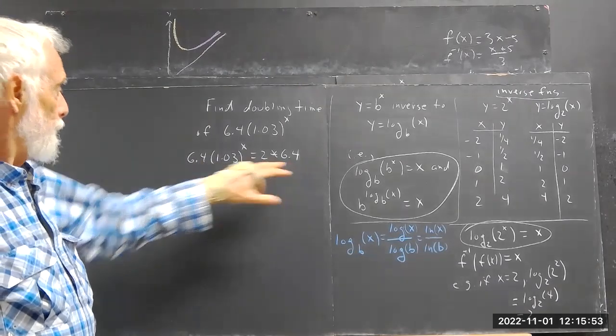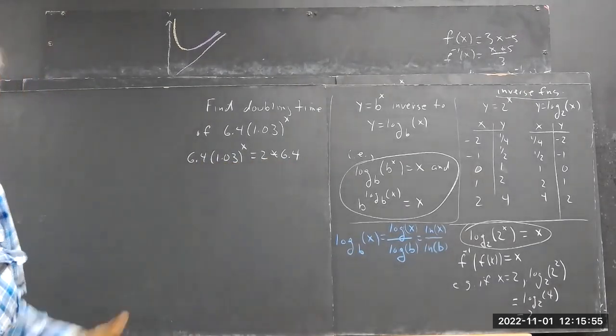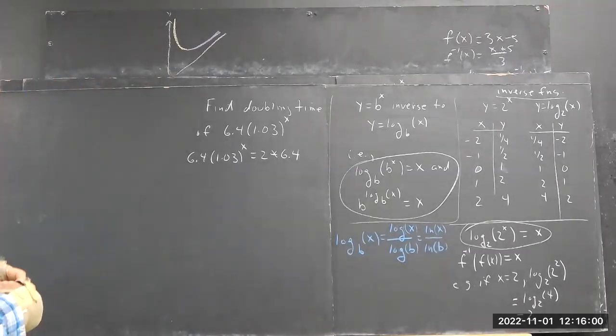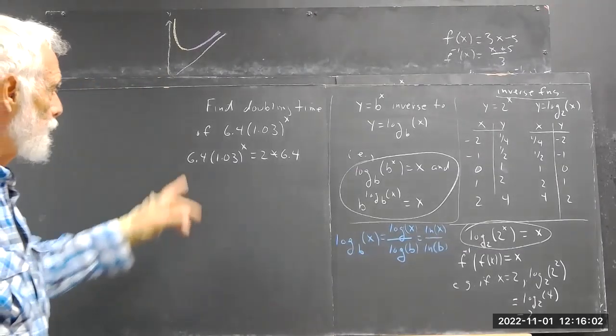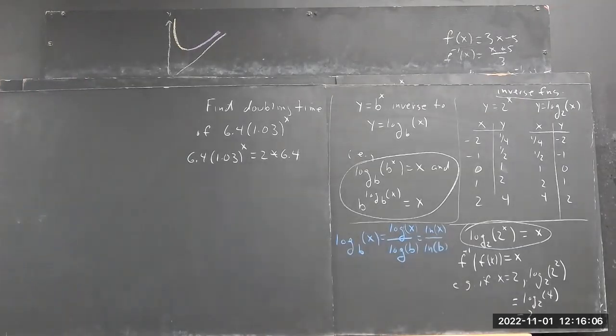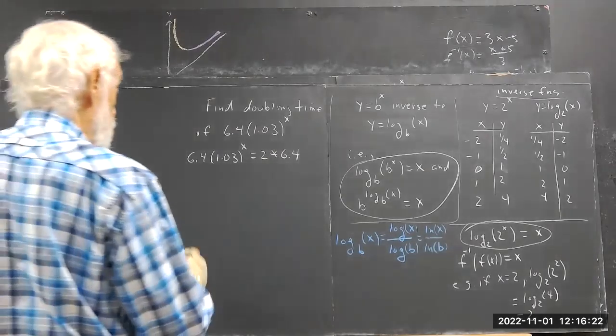Okay. So here's your double of 6.4. Okay, what's the first thing you would do to this equation in order to solve it for x? It should be pretty obvious that we can divide both sides by 6.4.